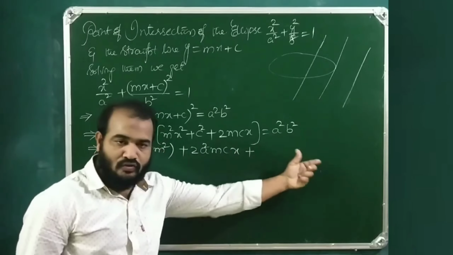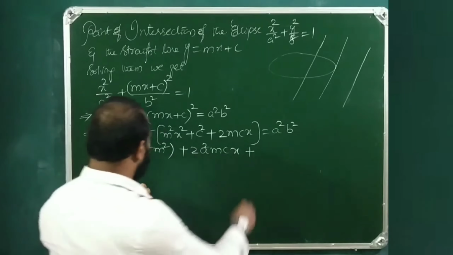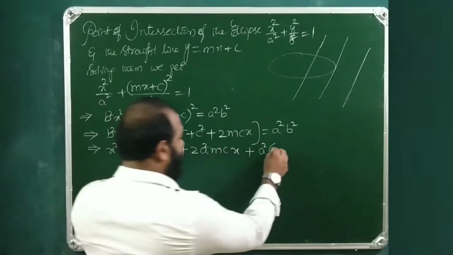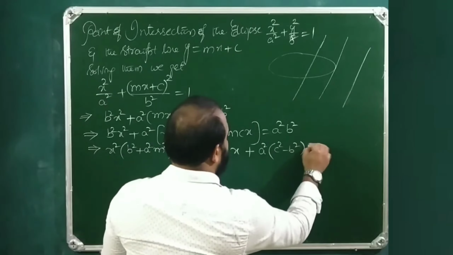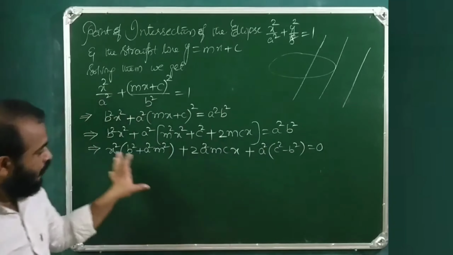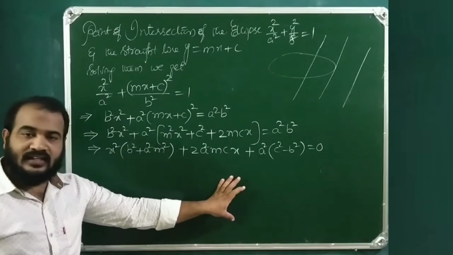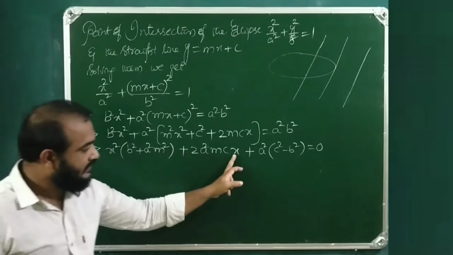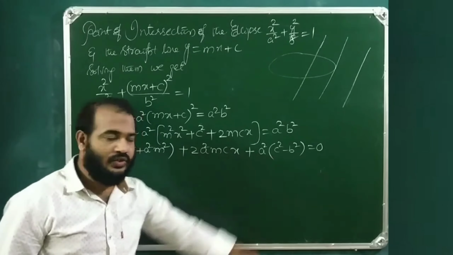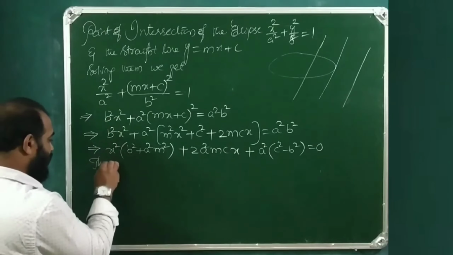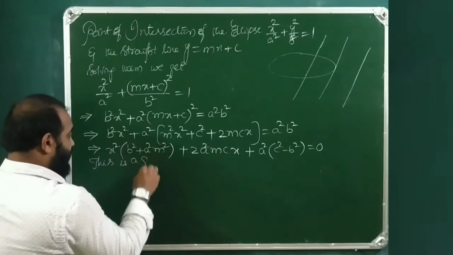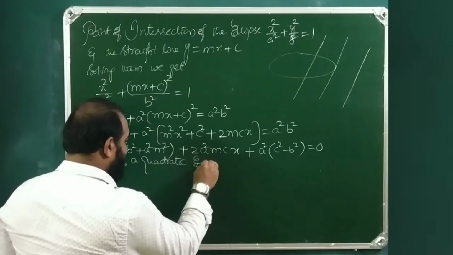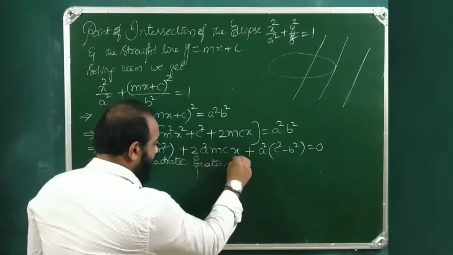Then a square b square, if you transpose to the other side, gives a square into (c square minus b square) equals 0. If you see this, this is a quadratic equation in x, with x square, x and a constant, equal to 0. This is a quadratic equation in x.